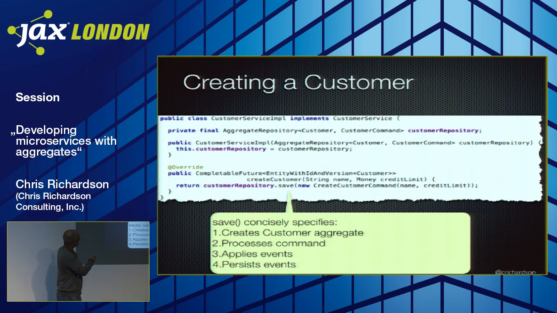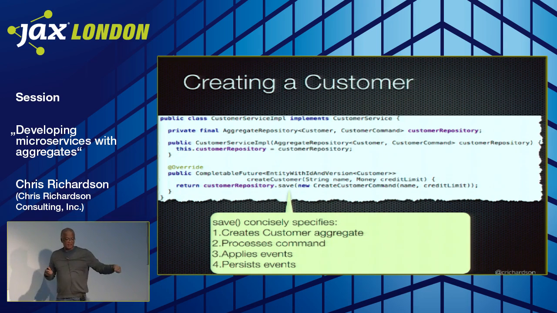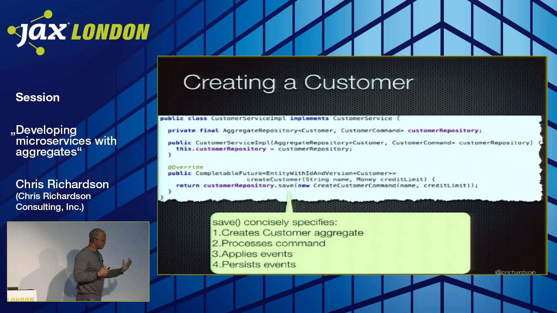All it's doing is calling save, passing in the command to execute on an aggregate repository. What save does is create a customer aggregate, process the command, apply the events to the customer to update it, and then save those events in the event store. It's a convenience method that implements the boilerplate for creating a new aggregate.